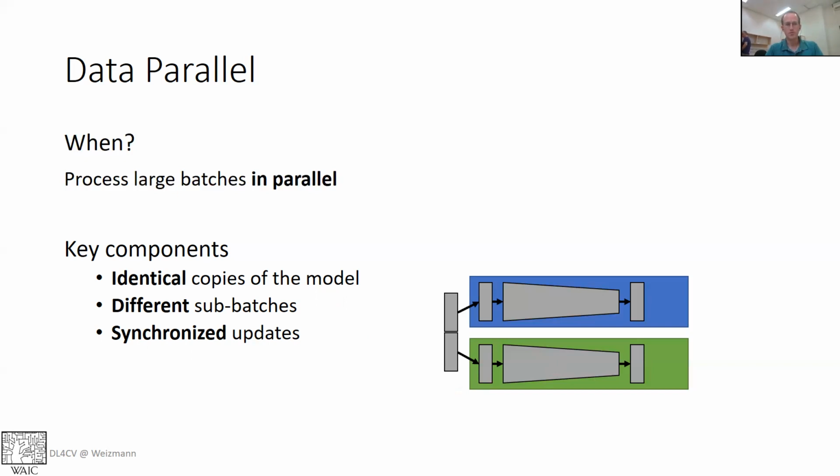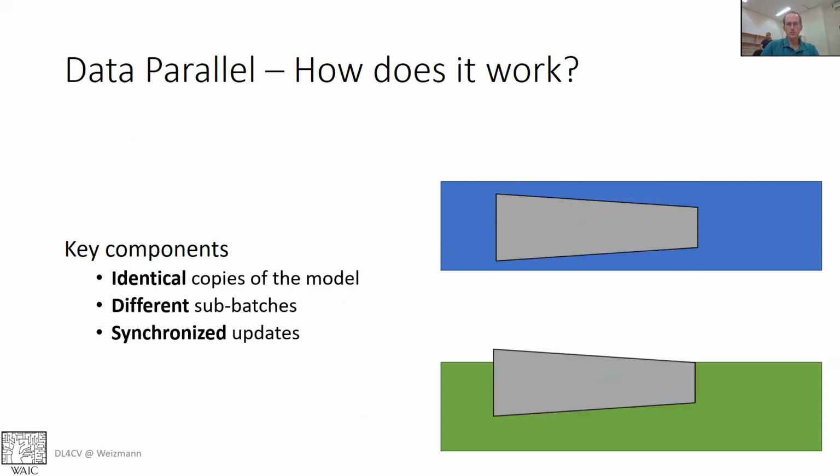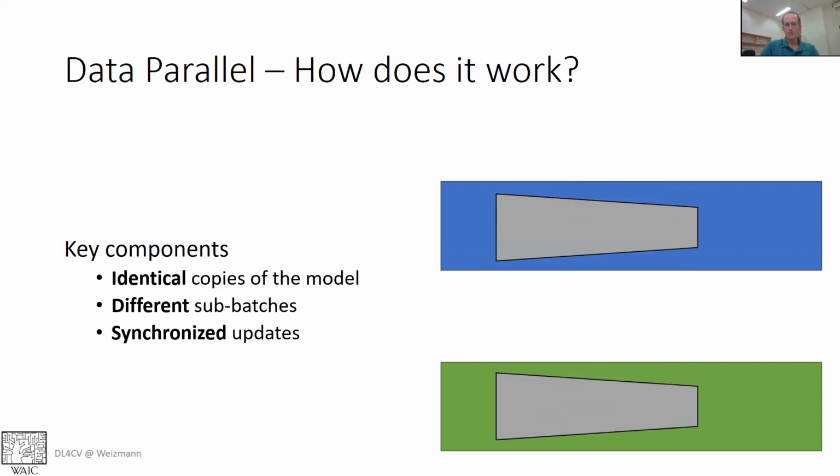more into the details of this data parallel paradigm. So we have two GPUs. And we start with two identical copies of the model. Each GPU has its own copy.